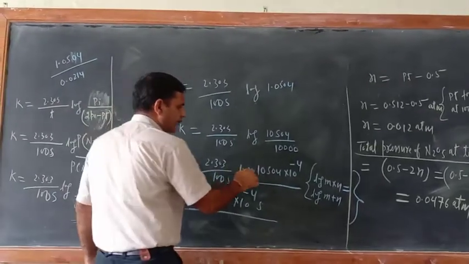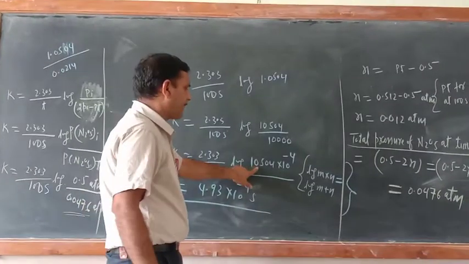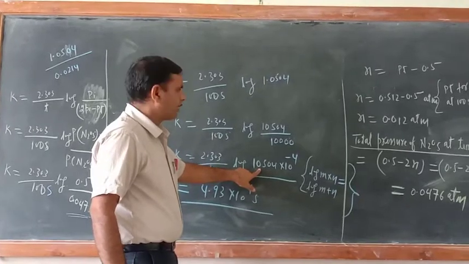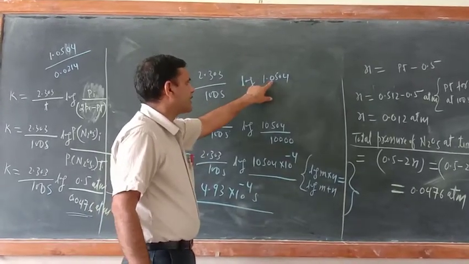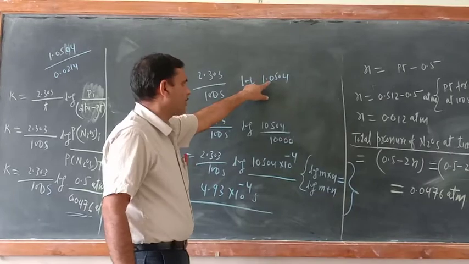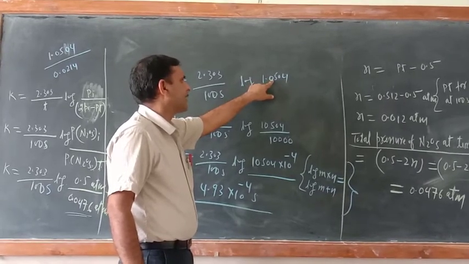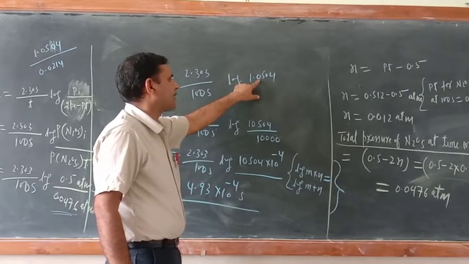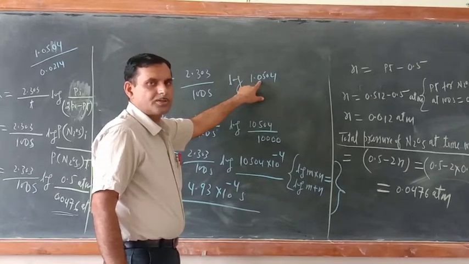Now just try to understand. You may find difficulty in finding out the log. Just see, here this will become 10, because the log table value starts from 10 only.